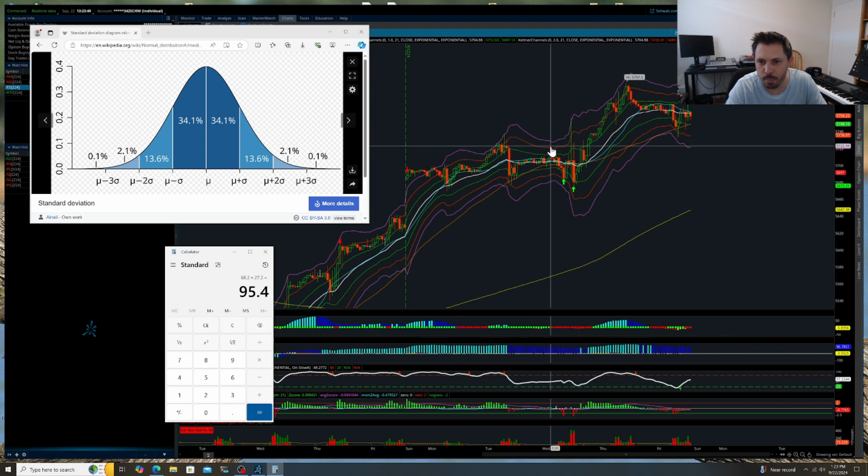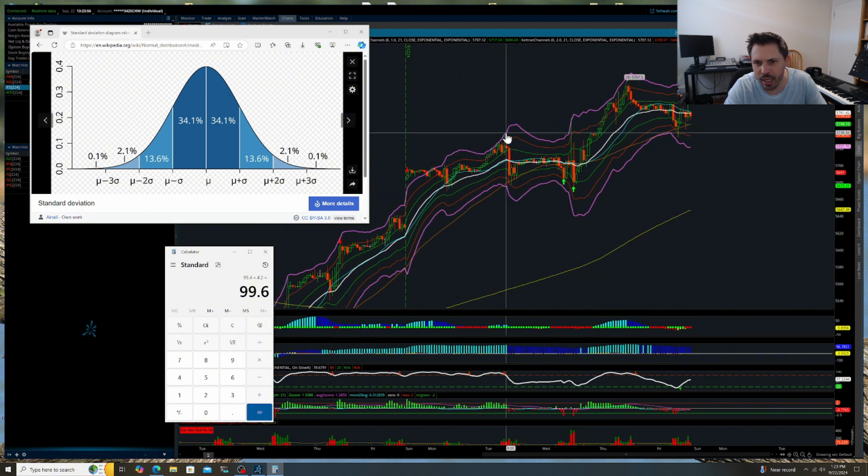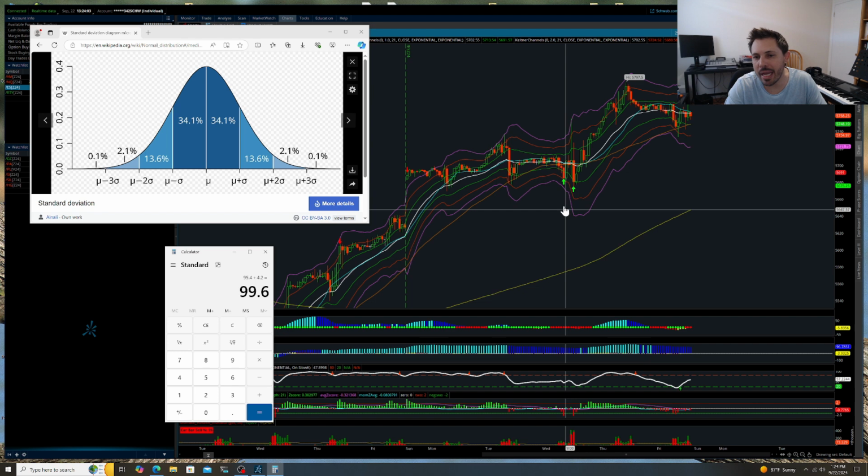And then, of course, the purple band represents pretty much everything here. So if we add 4.2, this gives us roughly 99% of the area that the markets are going to be in. And you'll notice that these bands fluctuate based on volatility. When there's more volatility, these bands widen because there's a higher probability that a larger move is going to occur.